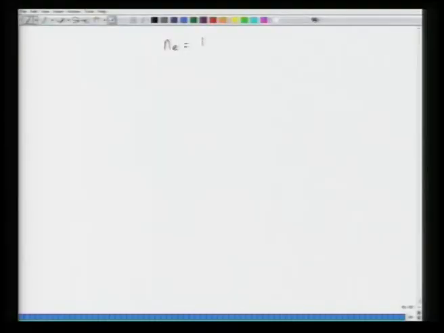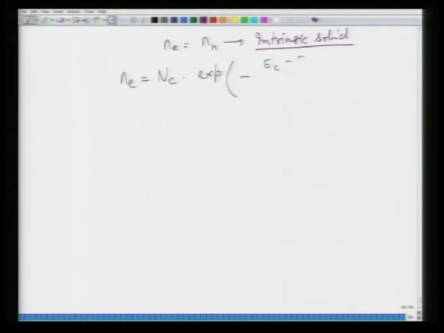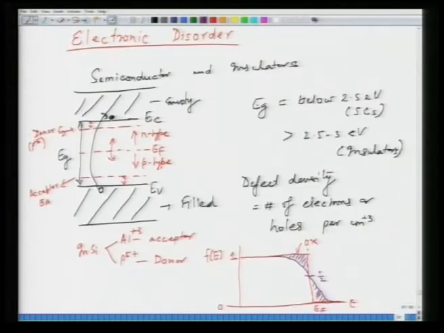So the concentration of electrons or holes are equal in an intrinsic solid. So Ne is equal to NH in an intrinsic solid, and this is given as Ne is equal to Nc exponential of minus of EC minus EF divided by KT, and you know what EC and EF is. So this is your EC, conduction band edge, the bottom of the conduction band, and EV is the top of the valence band.